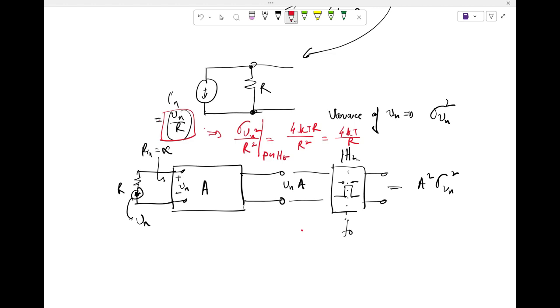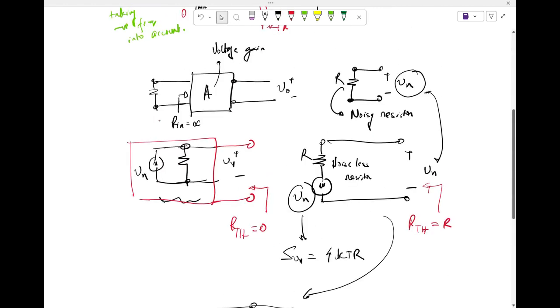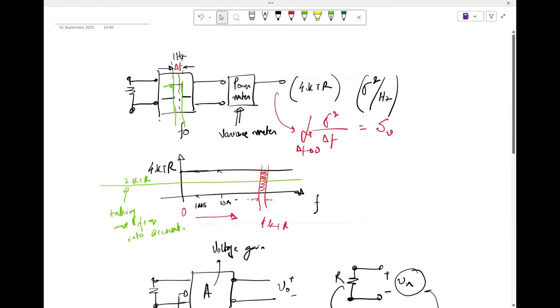Another terminology that I'm going to use and you are going to hear a lot is that this thermal noise is also called white noise, right? It's white because ultimately the spectrum has all frequency components, and hence the term white. So it's white thermal noise. It's also called white Gaussian noise.